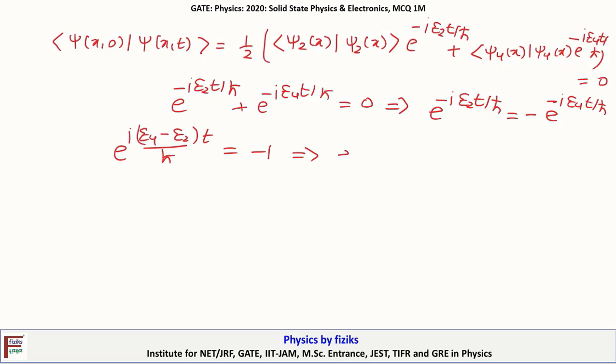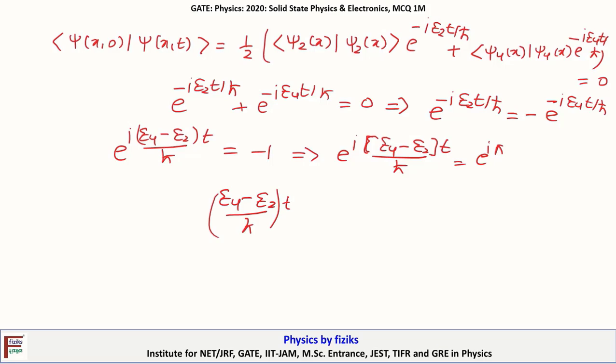That means e to the power i (E4 minus E2) t by h cut equals e to the power i pi. Comparing, (E4 minus E2) t by h cut is equal to pi, so t is equal to pi h cut by (E4 minus E2).